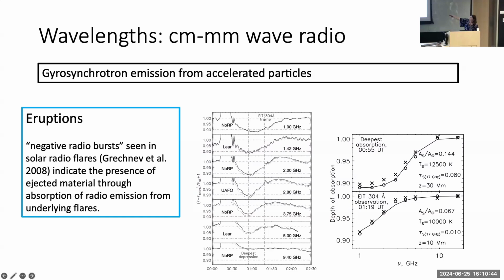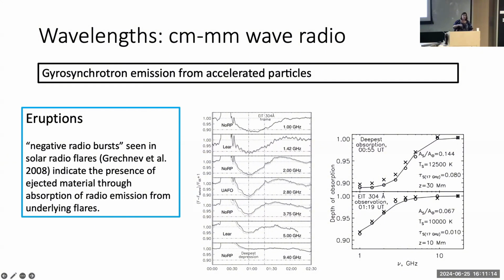And you can see that there is a dip in the decay phase of the flare, which is a function of frequency. The interpretation here is that you're seeing absorption by the cool material that is part of the coronal mass ejection. You can model the expected behavior as a function of frequency at two different times, one of which corresponds to when a CME was observed in a coronagraph for these observations, because they're solar observations.